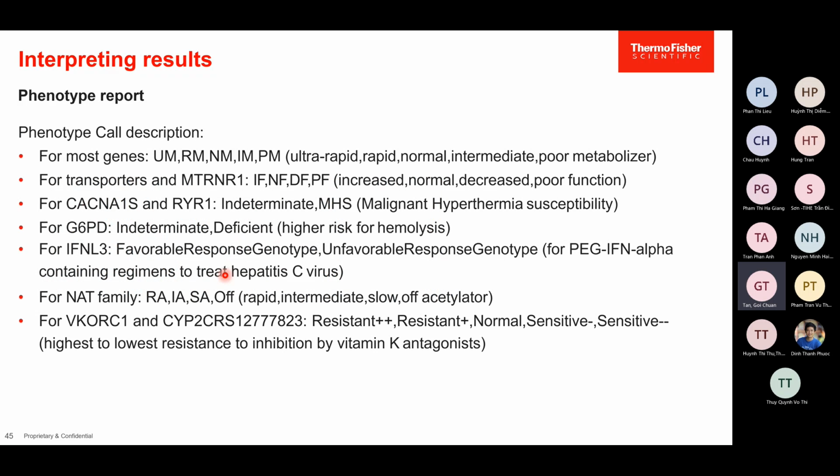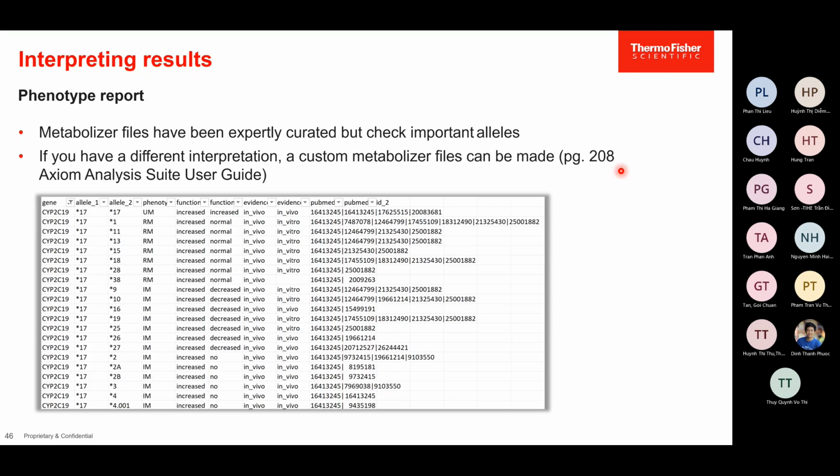And this is a definition, because different genes sometimes define phenotype differently. For example, G6PD has these different kinds of phenotype, and VKORC1 has different kinds of phenotype, instead of all these different metabolizer statuses. Why do we have this?